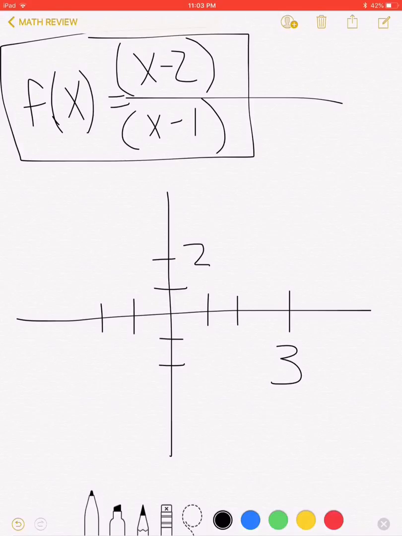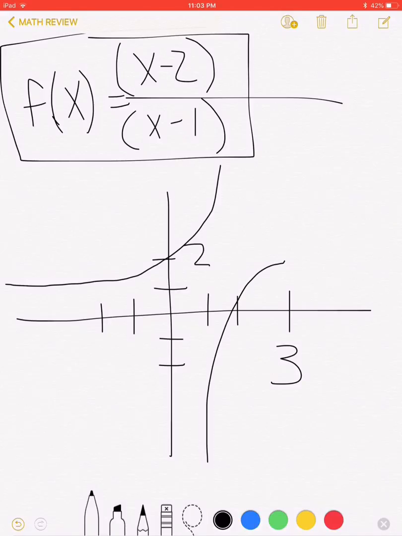So you can plug this into your calculator as well. And I'm just going to show it on here because, again, I do not have a calculator on my iPad to show you the actual picture from the calculator. But this right here is going to be the one that goes through. I'm going to go over and up. And this one right here is going to be coming this way.